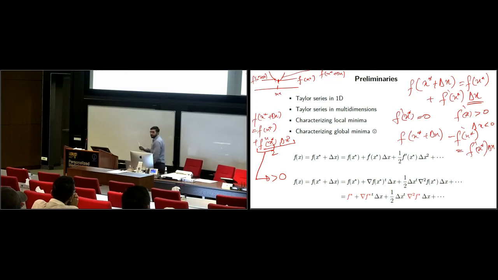Does it make sense? So if the second derivative is greater than 0, we say that there is a minima, because delta x square is always positive. If this is positive as well, then f of x star plus delta x would be greater than f of x star. So you would inevitably have a minima.